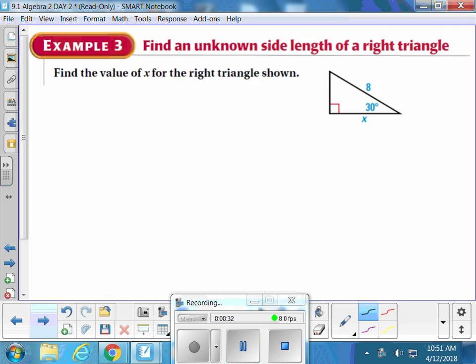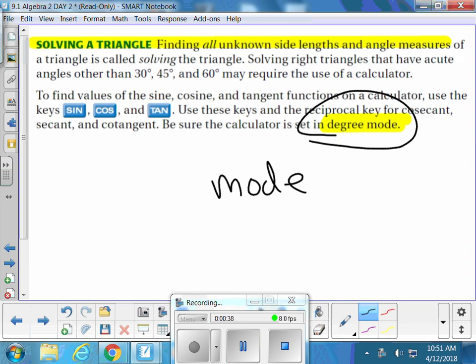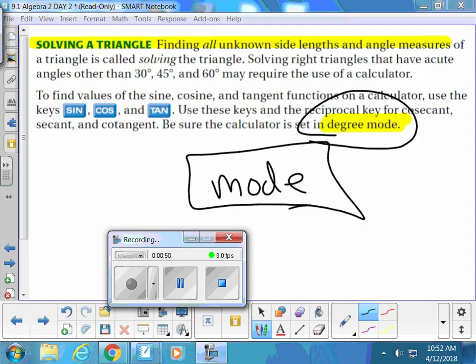So, okay, the first stop we need to do is go to the mode button in your calculator. Everybody hit mode in your calculator. If you left your calculator at home, you're going to have to do that before you use it on a homework like this. All right, so you're all in mode.